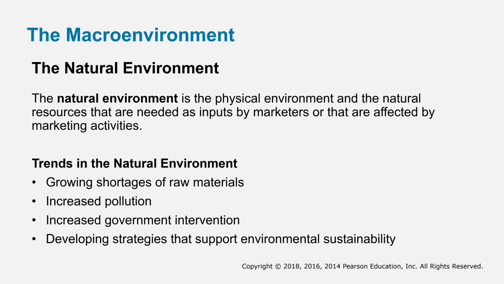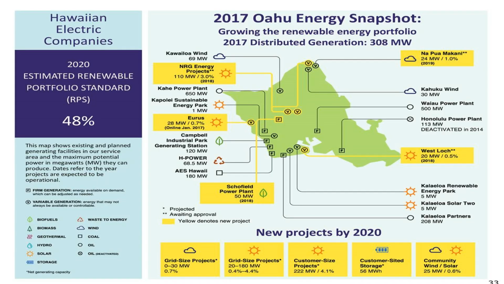So we need to be aware of those, and how that's going to impact our pricing and what kind of products we need to actively purchase, and how we're going to market our new products or services to replace some of those products that we may not have. So developing strategies to support the environment as well is super, super critical.